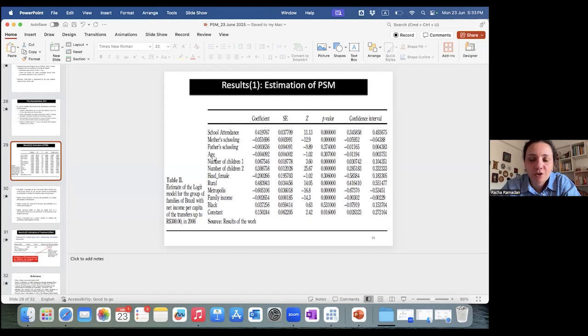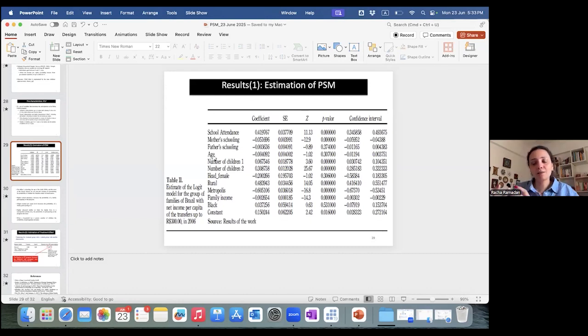Father schooling and age are not significant, but it's okay. For the first step, you are supposed to check all the post-estimation tests to make sure that your estimation is okay. Okay, but I keep them. Yes, you keep them. Then you estimate the p hat and you match both together.